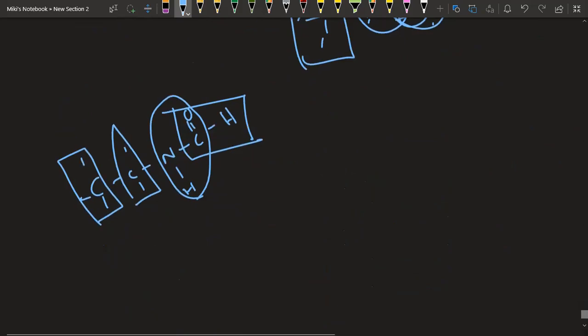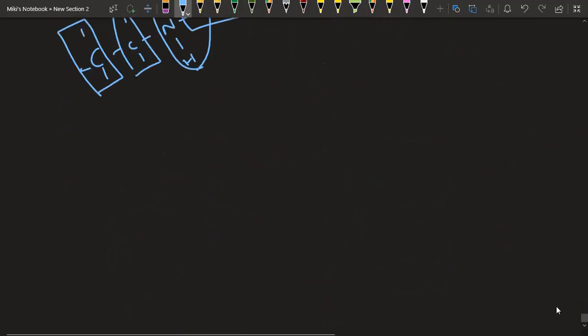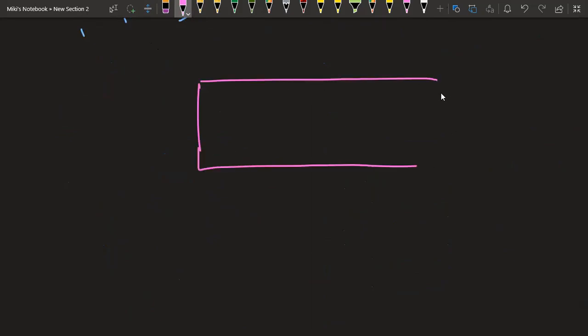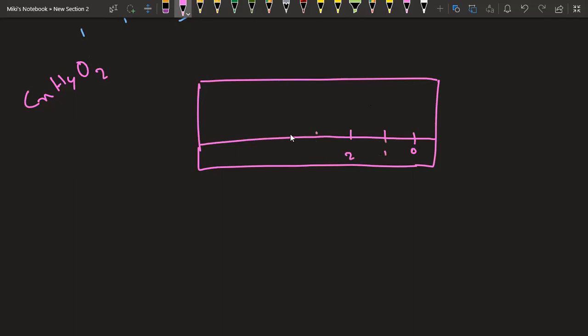Now moving on to the next question, we have a similar sort of question. So let's say we're given again a graph. At the same time, we are told that CXHYO2 is the compound molecule. And from here, we should get 0, 1, 2, 3, 4, 5.